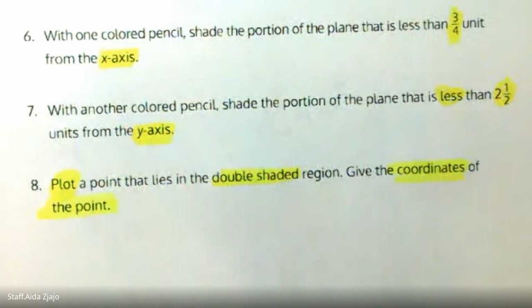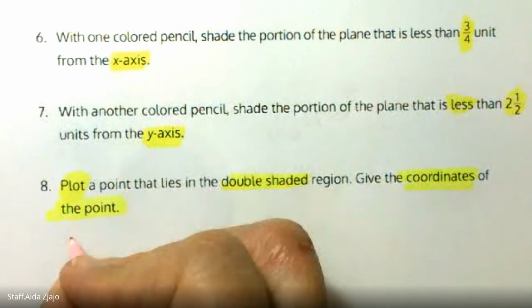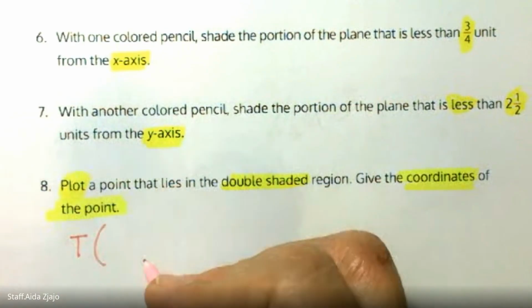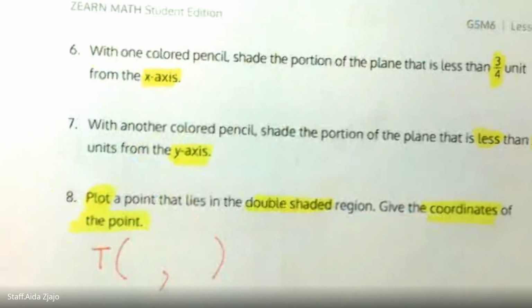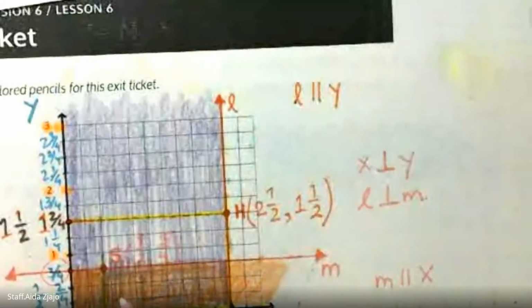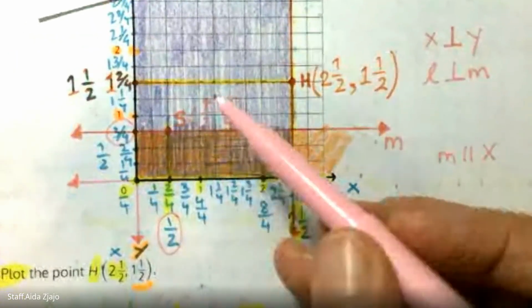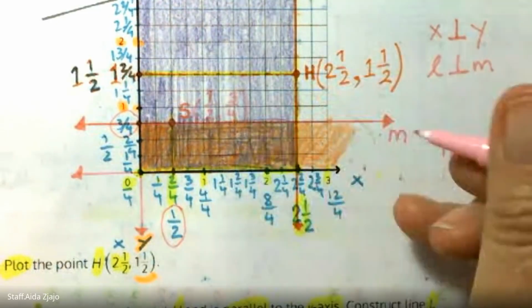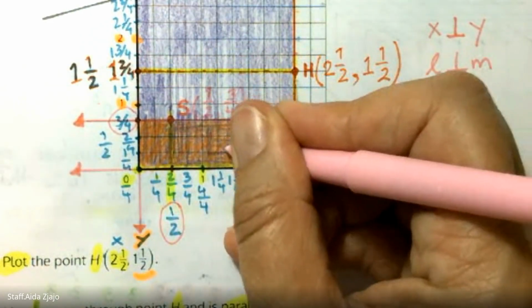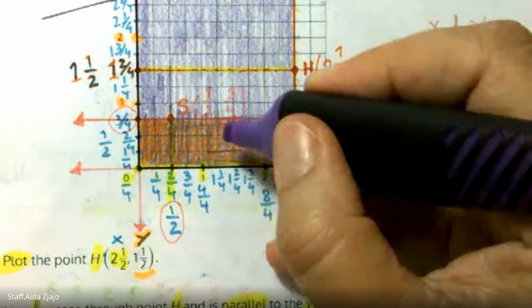So we need to have a point, let's call it point T, and we need to have an X and a Y, and they have to be in the double region. It doesn't matter which point I pick. It could be anywhere here. Let's see, if I just pick this one right there, I'm going to put it there.